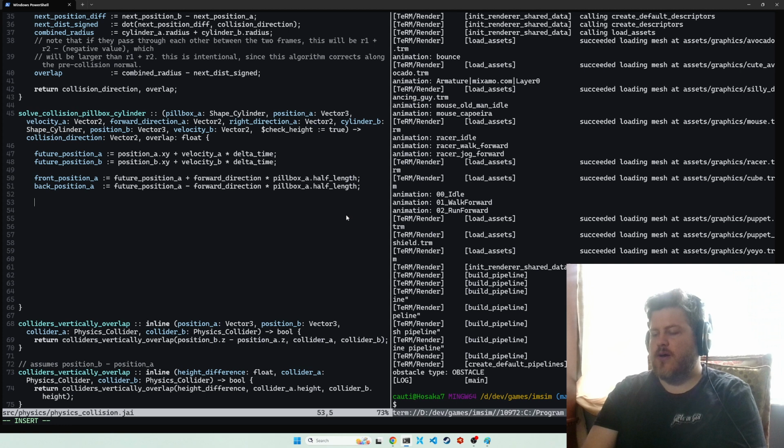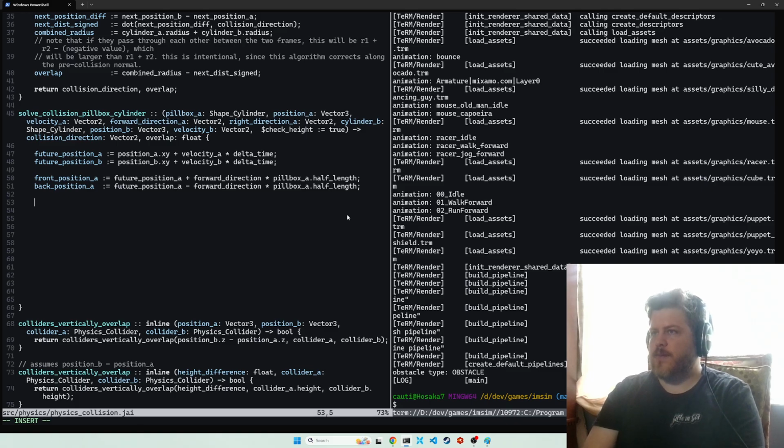So I try to figure out first if the other guy, let's see, is in the right position at all to even be colliding with the front cylinder or back cylinder.